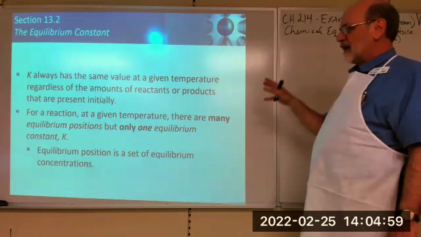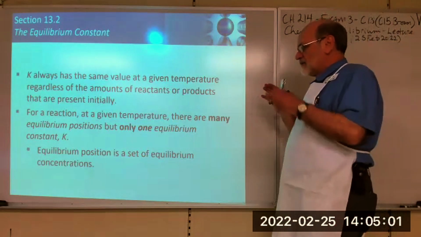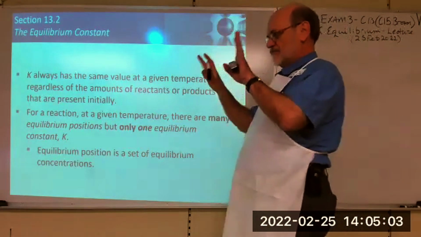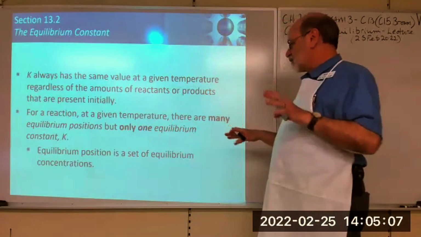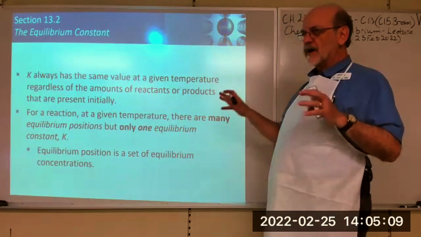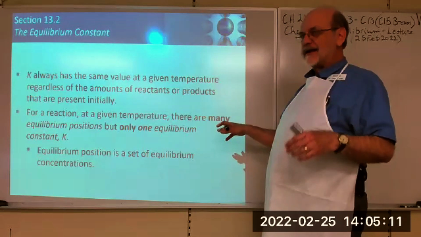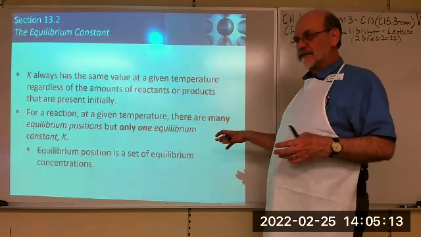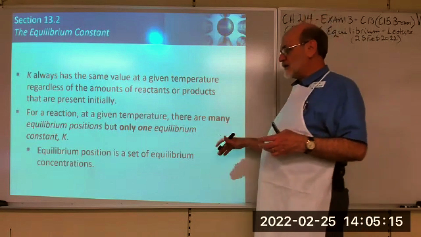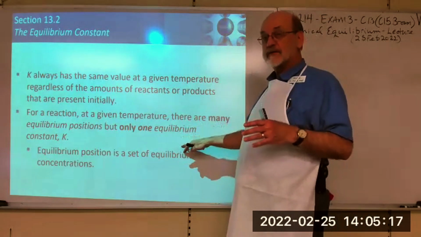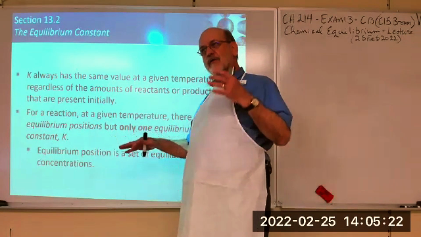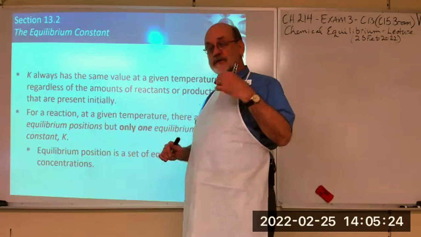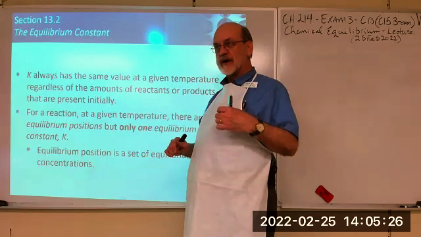The point of this slide is to put in perspective the difference between the equilibrium constant and equilibrium position. The equilibrium constant is a constant for a given temperature, but the equilibrium position can be different, and that refers to the actual concentrations of the reactants and products.